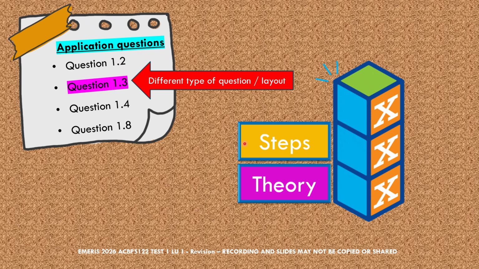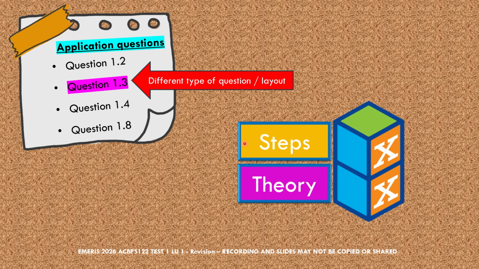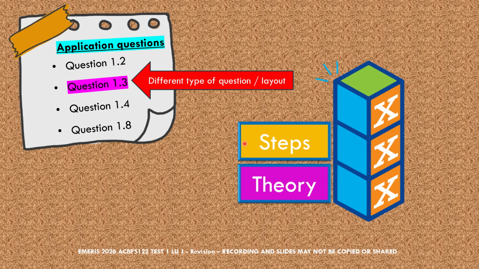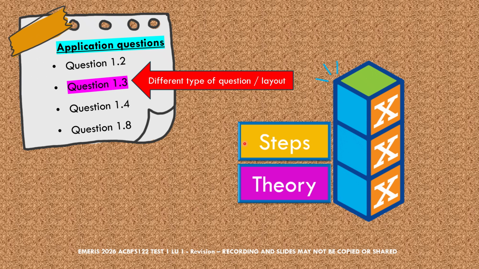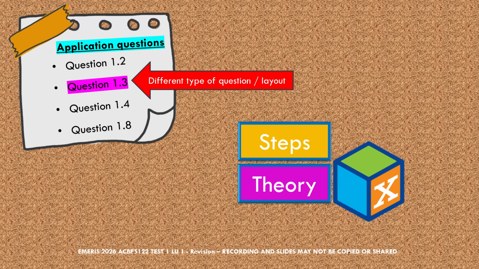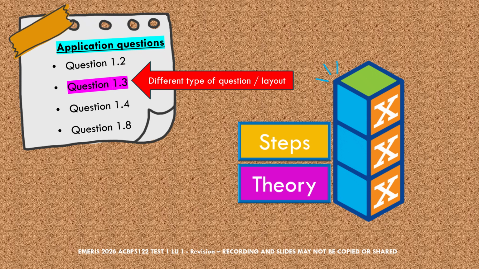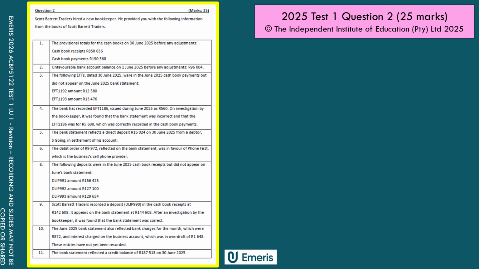If you use your theory coupled with your steps, you will see that you can really succeed at any application question, irrespective of how we phrase the question or how we've set out the information. Just to give you an example of how I will use my steps to tackle one of these different types of questions.